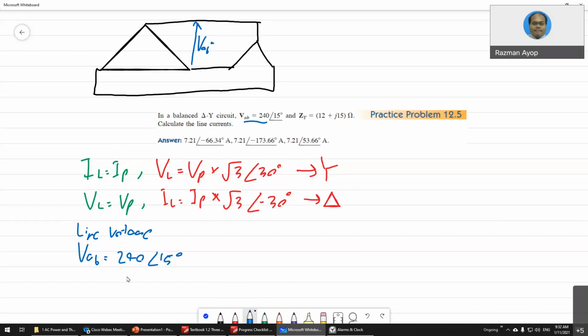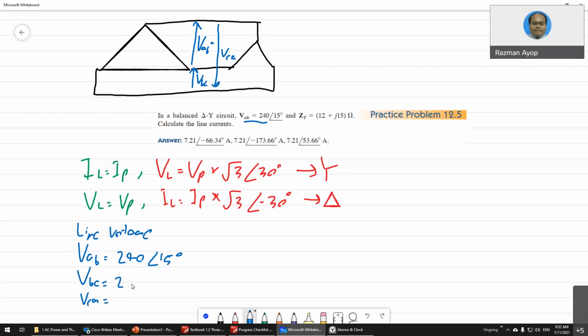Because you have to calculate all the lines, you have to mention everything. You cannot just mention one. Before this you could mention one because they did not ask anything else, but for this case you have to mention VBC and VCA.